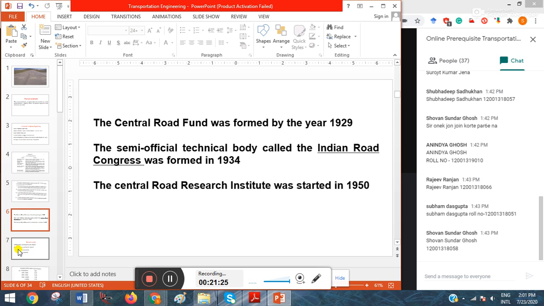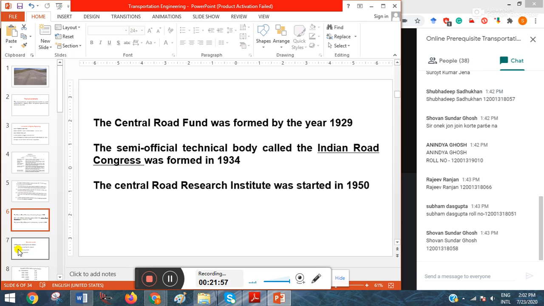Based on the authority of a resolution adopted by the Indian legislature, the Central Road Fund was formed on 1st March 1929. The consumers of petrol were charged an extra levy of 2.64 paisa per liter at that time, which means 2 annas per gallon of petrol.